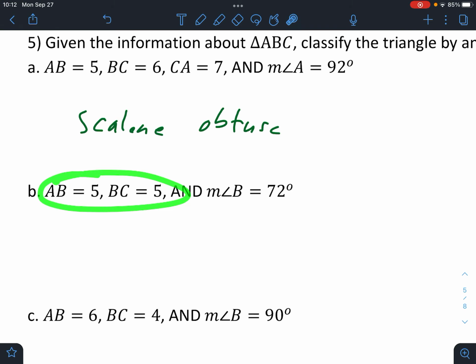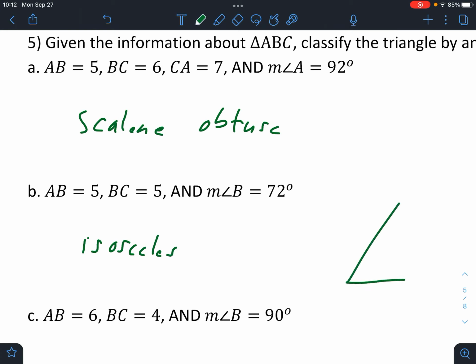The second one, we have two congruent sides here, so this is isosceles. And the angle between them is acute. If we were to draw that out, these are both the same, and that's 72. There's no way that both of these could be obtuse or right. So this one has to be acute.